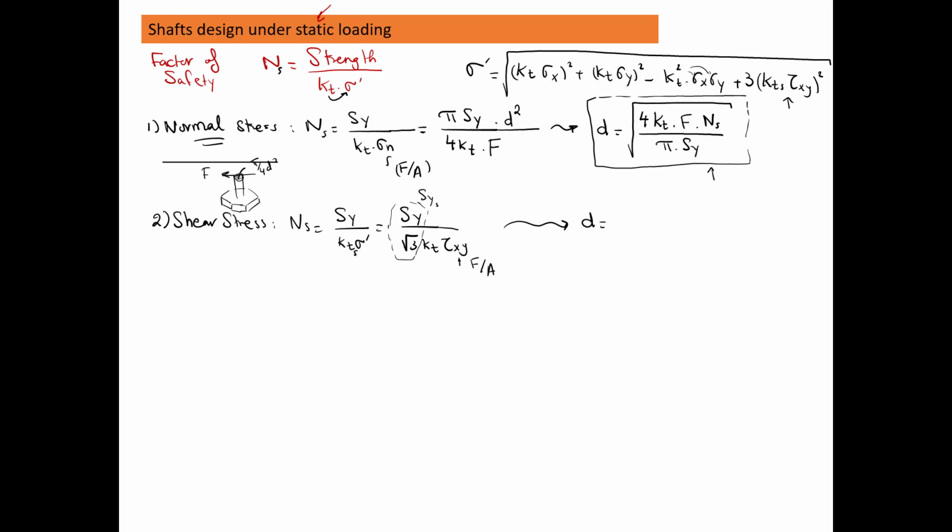Now we'll use KT sub S because this has to come from torsional or shear, so either way we'll have an equation for the diameter, and it will end up as 4 KT sub S times the factor of safety times the load, the shear force F sub S, divided by pi SY over square root of 3, or we'll just use SYS.